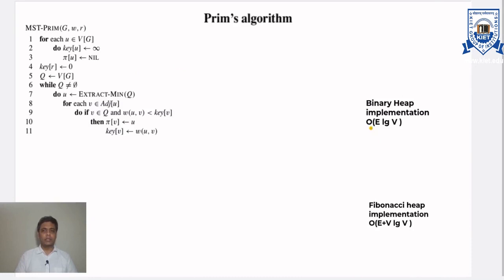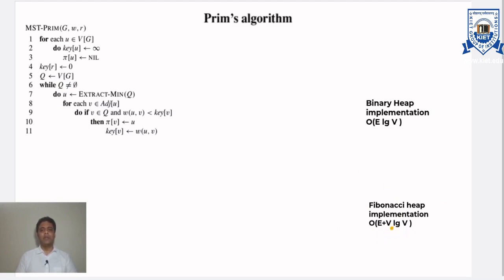Now the complexity of this Prim's algorithm. If you implement this priority queue through a binary heap, the complexity of Prim's algorithm would be order of E log V, and if you implement the priority queue through a Fibonacci heap, the complexity would reduce to E plus V log V. Why is it reduced?